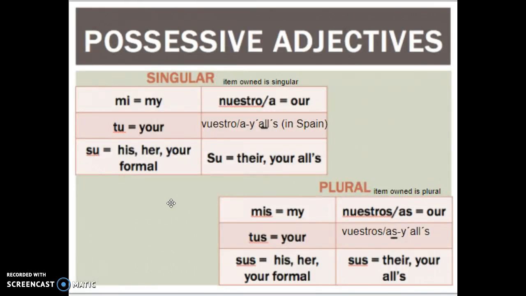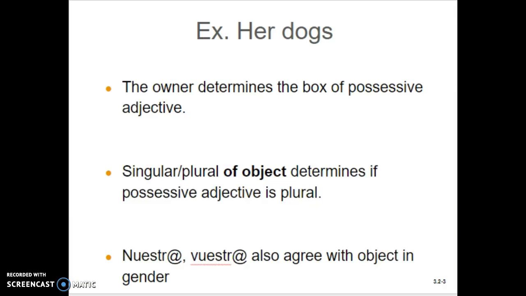So if it's her dogs, I'm going to use the plural chart now because dogs are plural. So even though her is singular, one person, I still have to use the plural chart because dogs, the item that's being owned, is plural. So the item has to agree in terms of singular and pluralness.